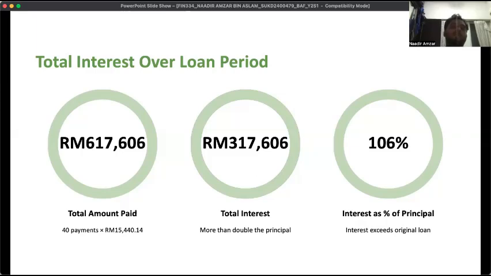We see the total interest is 317,606. That's more than double the principal amount. So over time, John and Mary will end up paying 106% interest compared to the original loan. This really shows how expensive long-term borrowing can become, especially when interest is compounded.